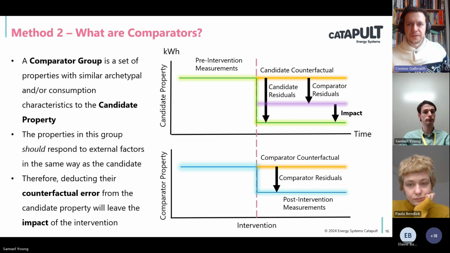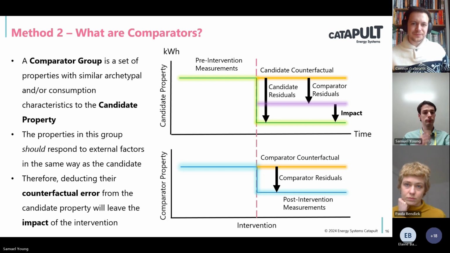And once you've identified a set of similar properties, what we do is we fit OpenEEMeter to each of them as before, and we look at the error between the counterfactuals and their recorded consumption during the reporting period and deduct that error from the counterfactual fitted to the candidate property.